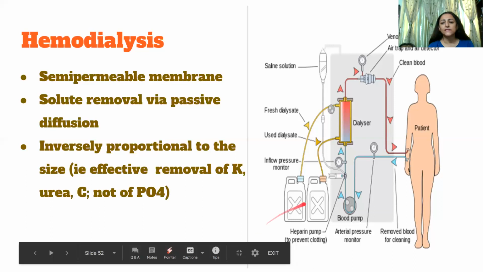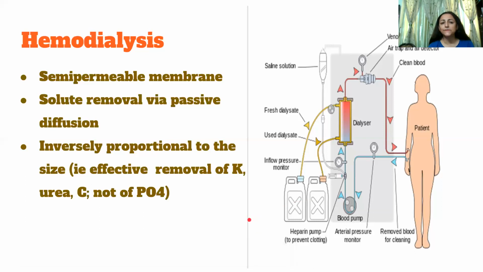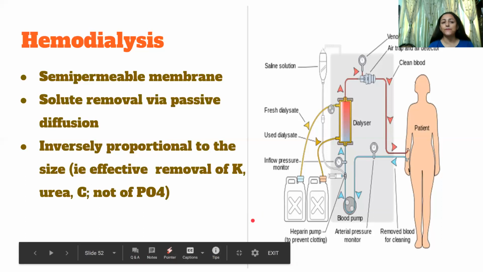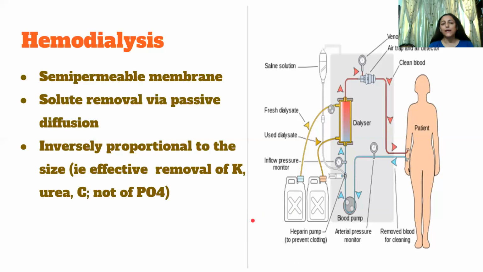Here we have a semi-permeable membrane, and solutes are removed via passive diffusion. I'll be showing you this passive diffusion in another slide. The pace at which things are removed from the blood depends upon the size of the molecule.